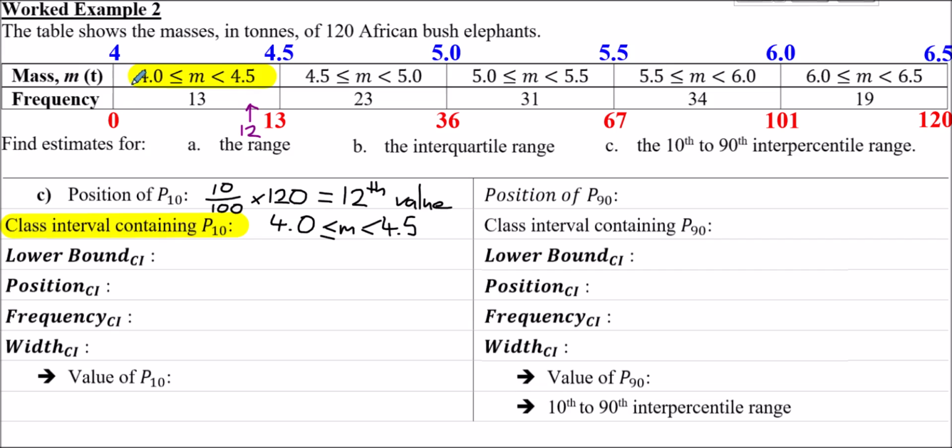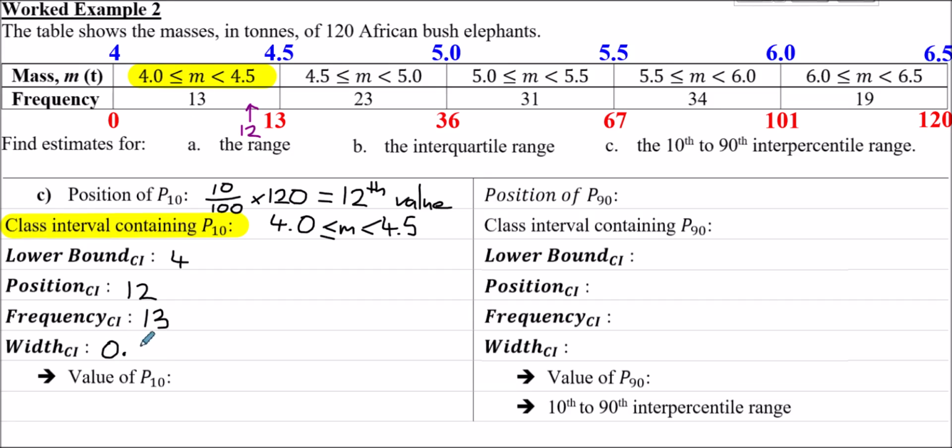The lower bound of this class interval, it begins at 4, so we put 4 or 4.0 if you prefer. The position of this statistic within this class interval is the 12th one, as you can see, out of the class frequency of 13. So it's a 12th out of 13. And again, like all these class widths, this class width is 0.5.